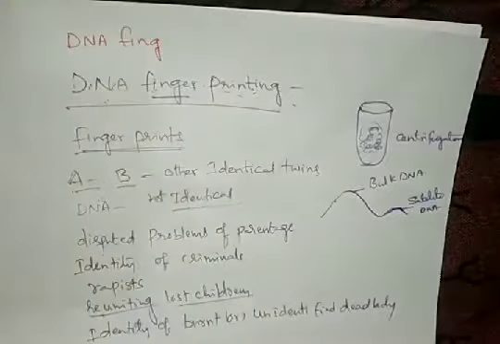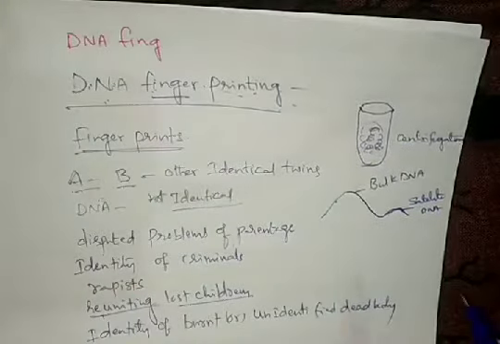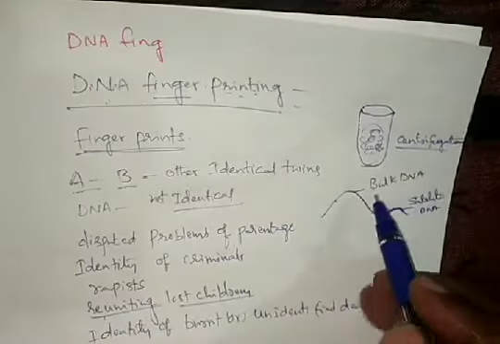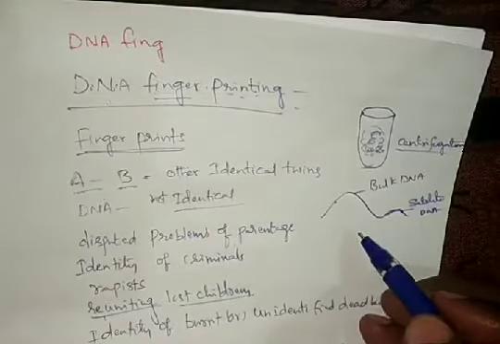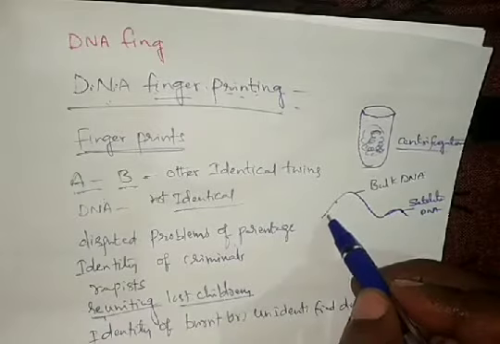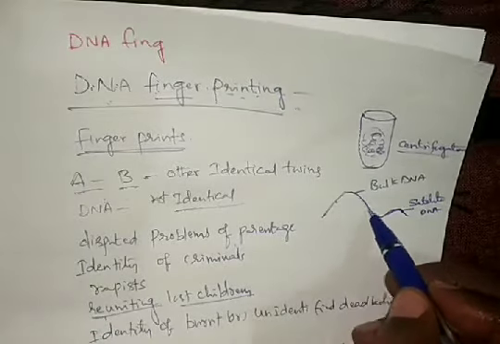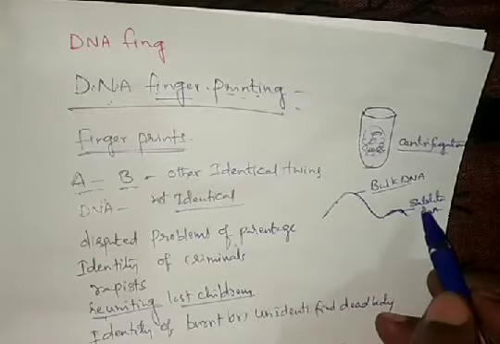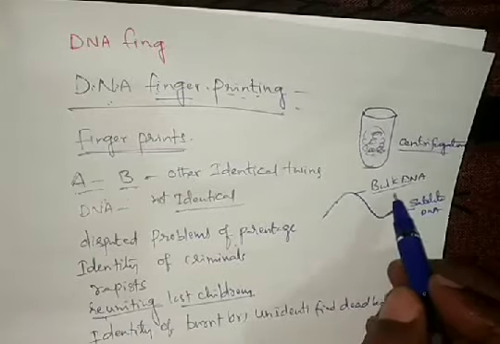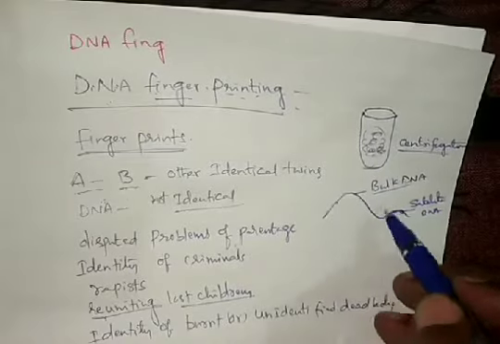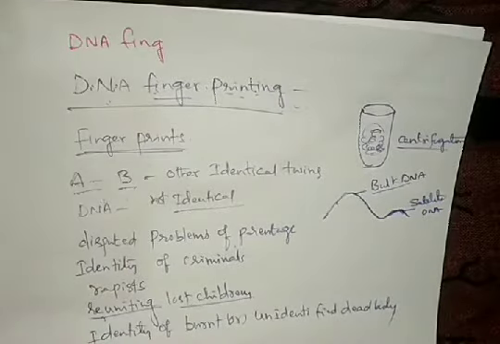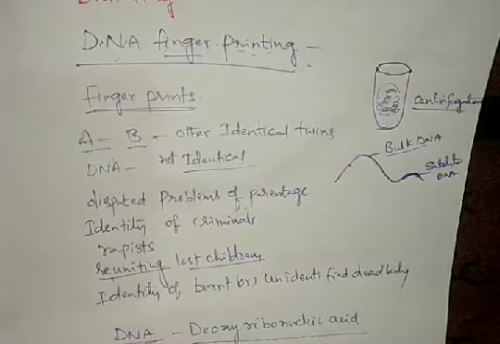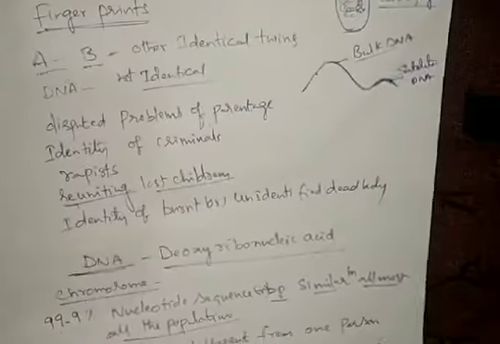In this way, by using the density gradient centrifugation mechanism, we can separate the bulk DNA and the satellite DNA.